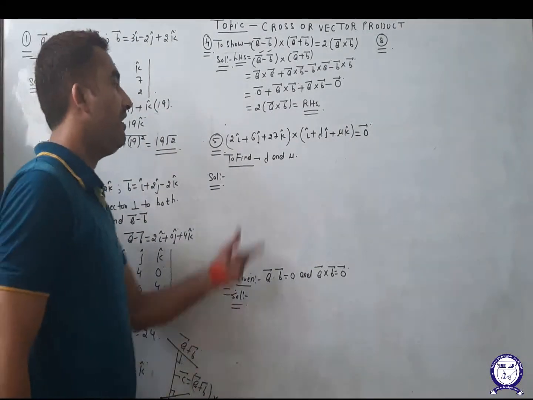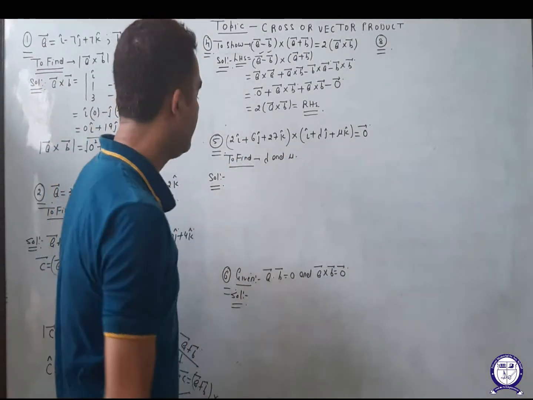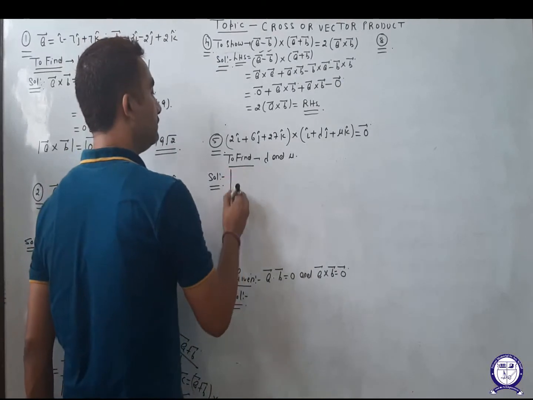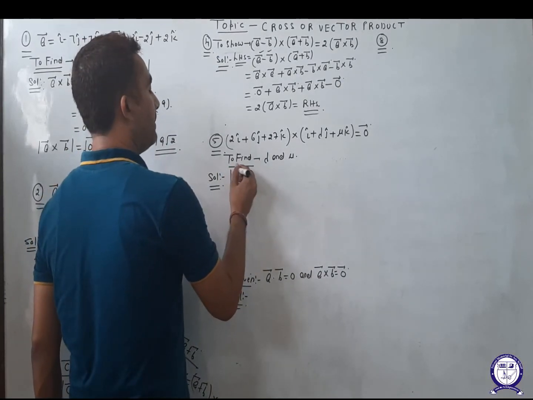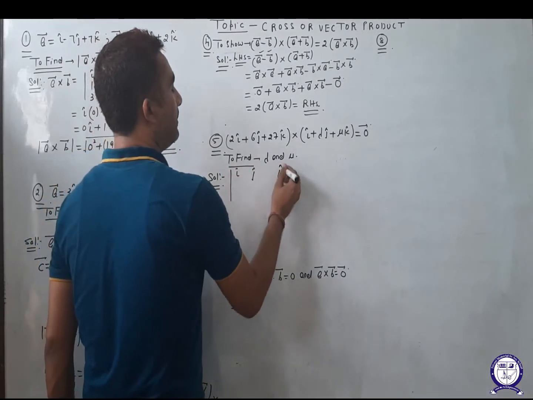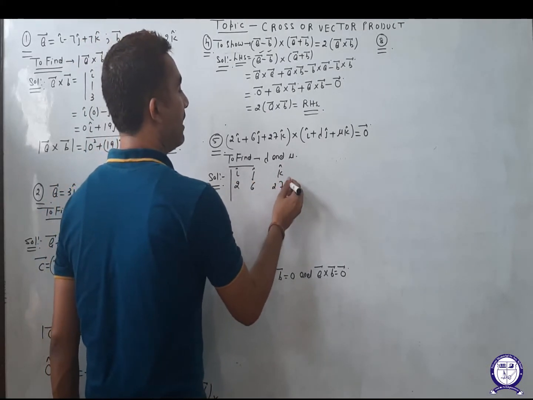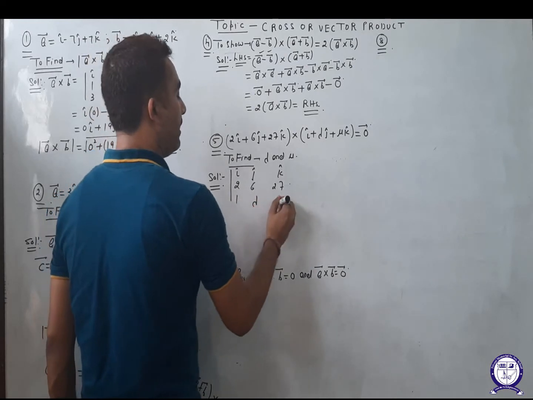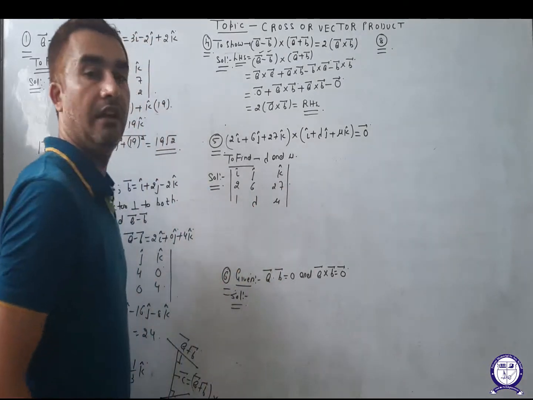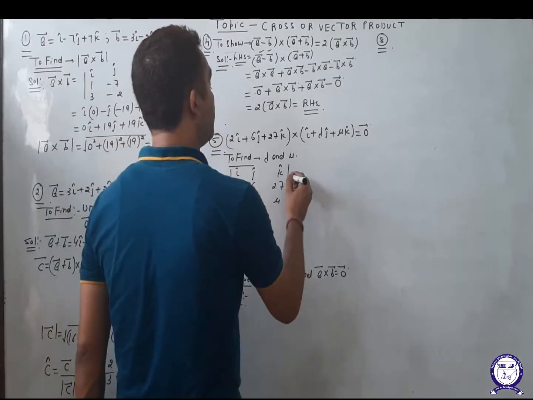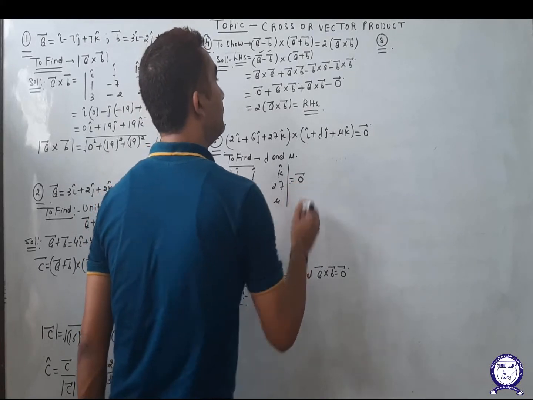Now again we have first vector cross second vector, that means cross, that is i cap, j cap, k cap. It is 2, 6, 27. It is 1, lambda, mu. It is equal to 0 vector. Just compare it.